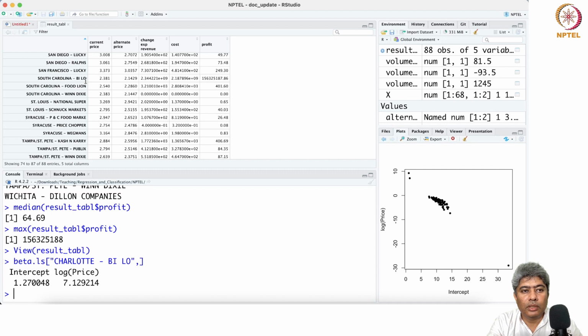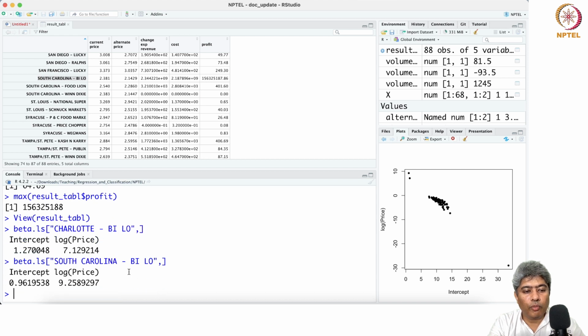I'm pretty sure these two are giving us the problem. So if I just put it there, yeah, 0.96 and 9.5. So my log price coefficient is 9.25.